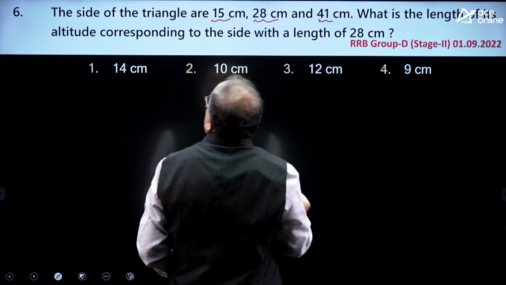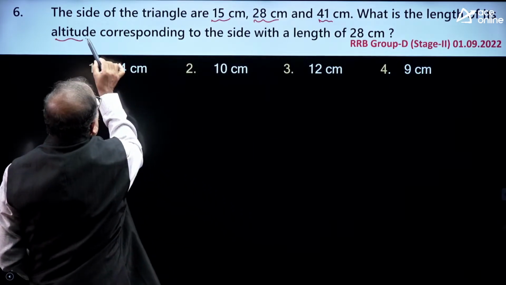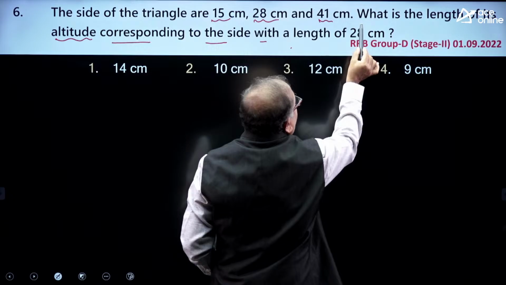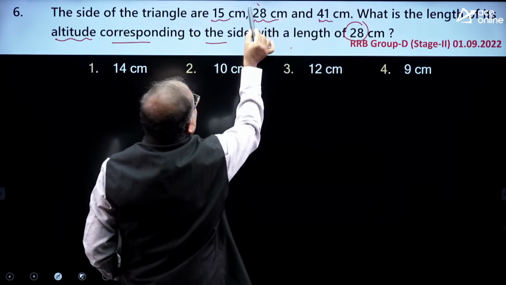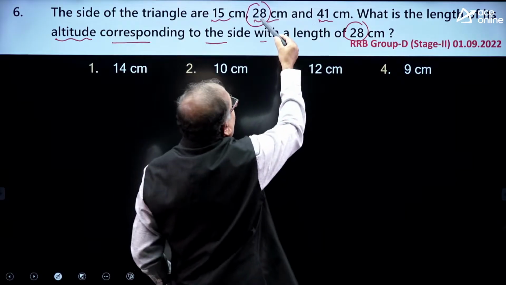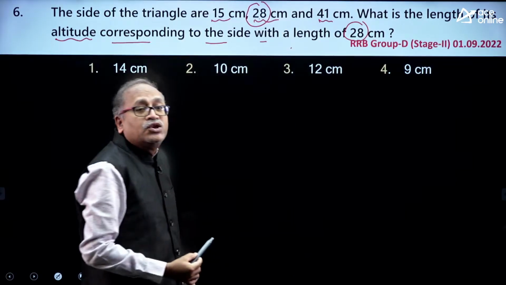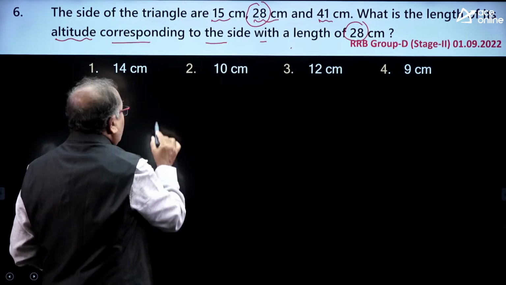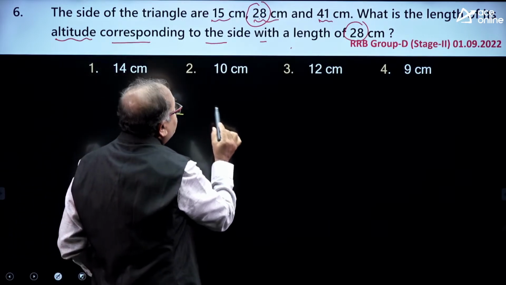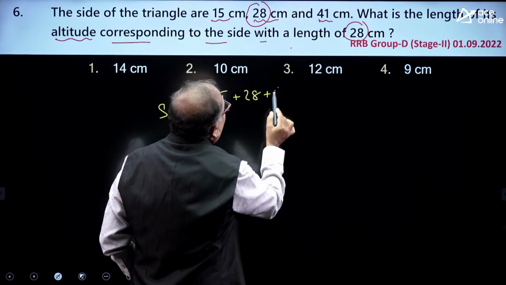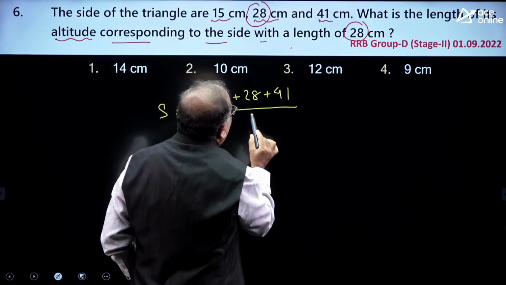So what is the length of the altitude, the height corresponding to the side with length 28? So what will be the height which is drawn from the length 28? So area you will find out. I am sure the way you are answering the question, that is 15 plus 28 plus 41 divided by 2.